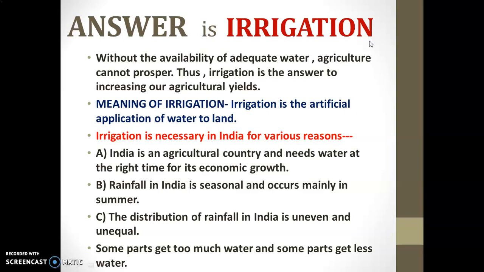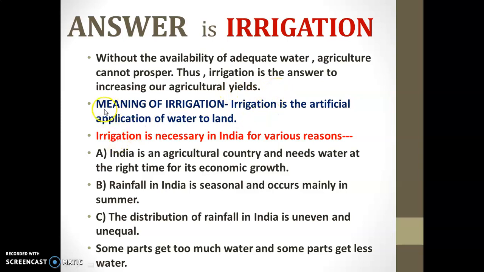Yes, without irrigation we cannot even think about better agricultural productivity. So without the availability of adequate water, agriculture cannot prosper. So without water, without irrigation, we cannot increase the agriculture yield. Yield means production.